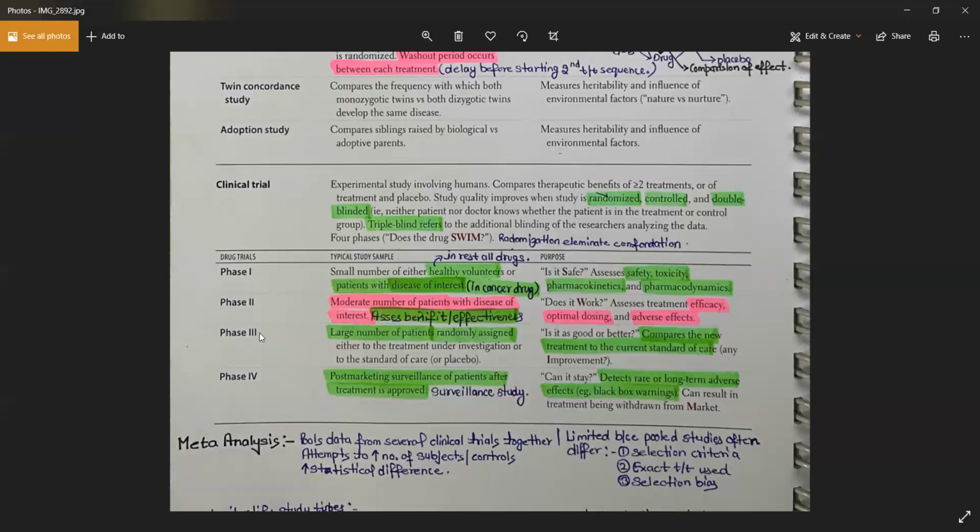So in phase 3, you will compare your drug. In phase 1, you have tested the way your drug works. In phase 2, you have asked whether the drug is functioning or not. In phase 3, you are comparing the drug with the previous treatments.